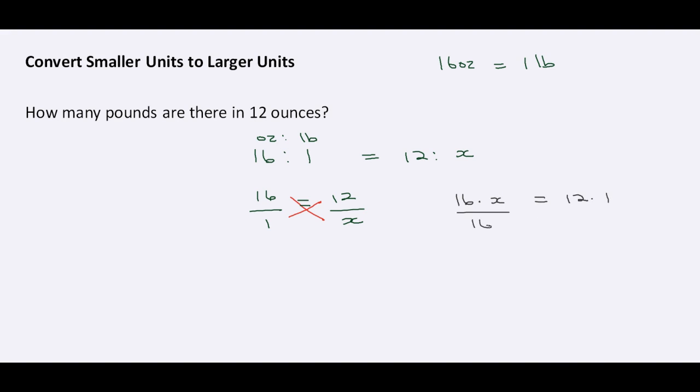And now we divide both sides by 16. And so this crosses out itself. So we are going to simplify this fraction here. So 12 divided by 4, we have 3. 16 divided by 4, we have 4. So that means that 12 ounces is equal to 3/4 of a pound.